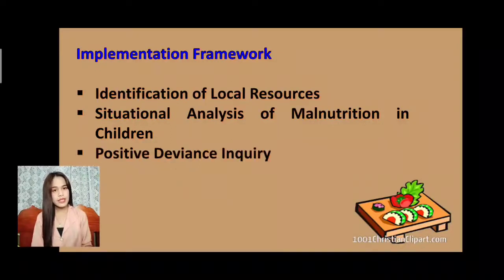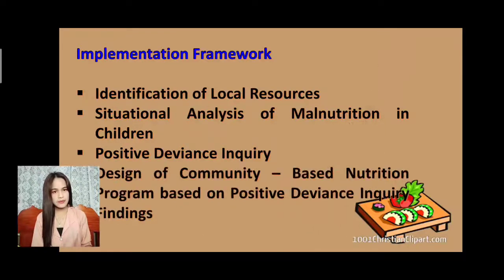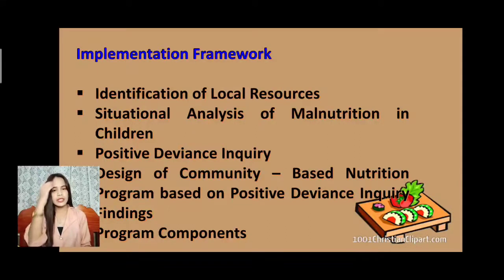Next is the positive deviance inquiry, which will be the identification of successful feeding, caring, and health-seeking practices. Next one is the design of the community-based nutrition program based on the positive deviance inquiry findings and the program components.